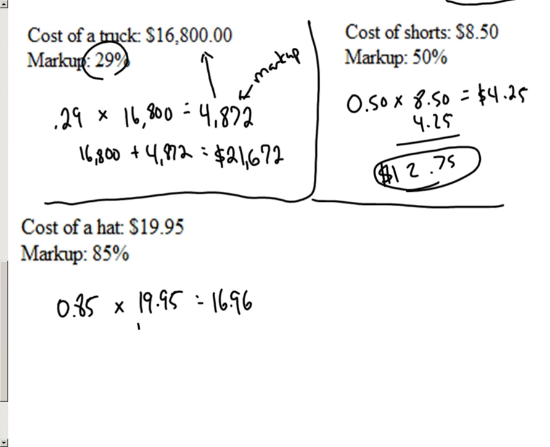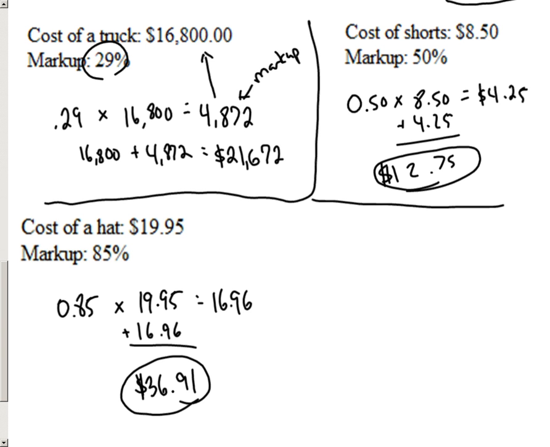And so we just go ahead and add that directly, I'll put a plus sign right here, directly to the $19.95. And that would be $36.91. That would be the selling price.